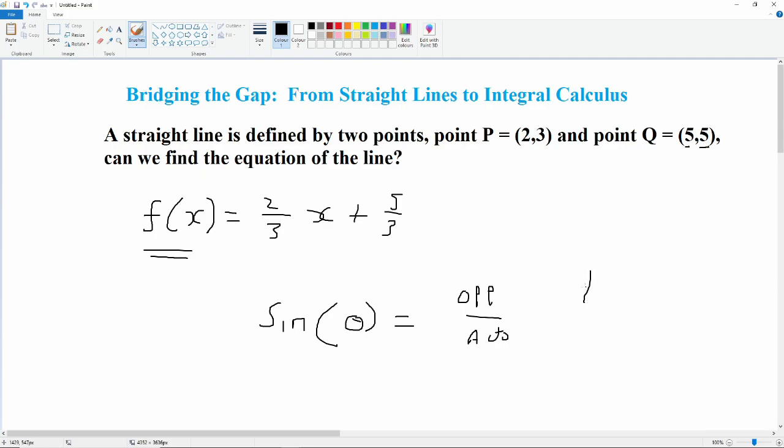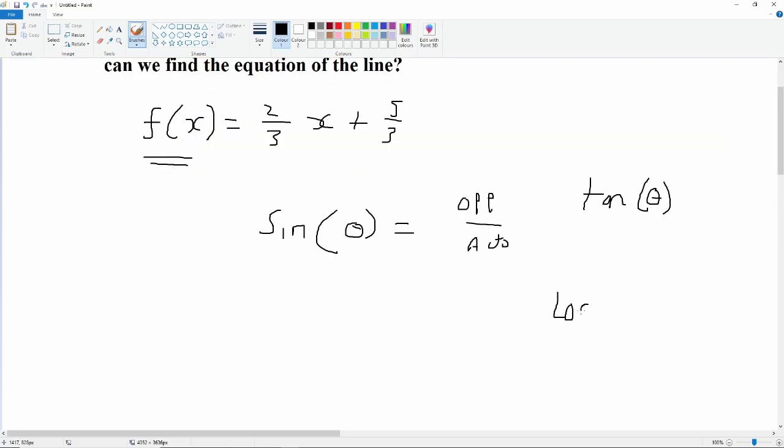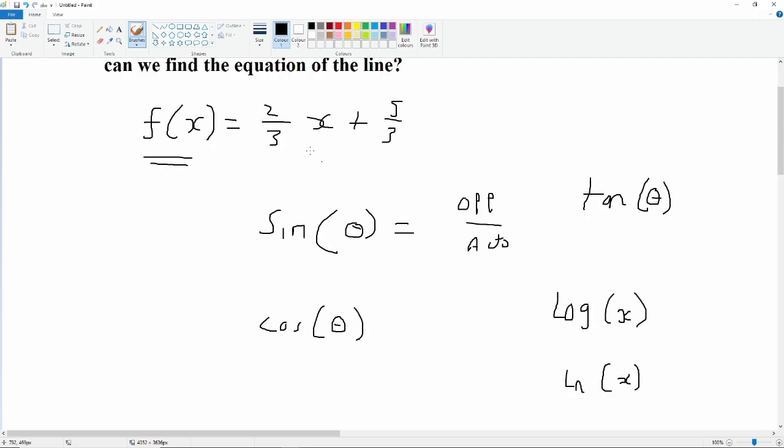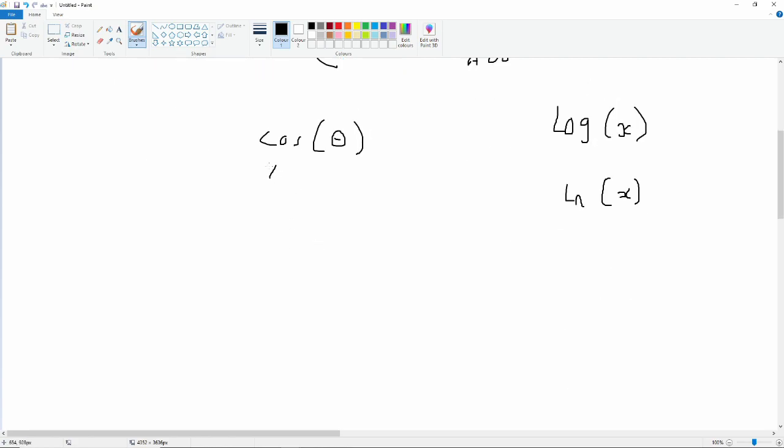You might have seen other functions as well, like tan theta, or log x, or the natural log of x. And of course you'll have seen cos theta. I'm just trying to think of functions that you might have seen. Okay, so with these functions, this is the name of the function.